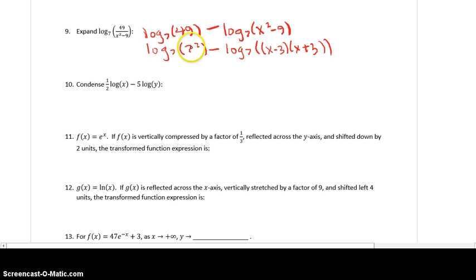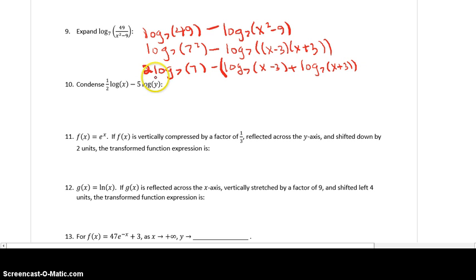Let's go over here. When I have log to the base of a number to a power, that power can come outside by the power property. And I'm going to put this in parentheses just to keep everything straight. Over here I have log of a product, which is going to be the sum of the logs of each piece of the product.